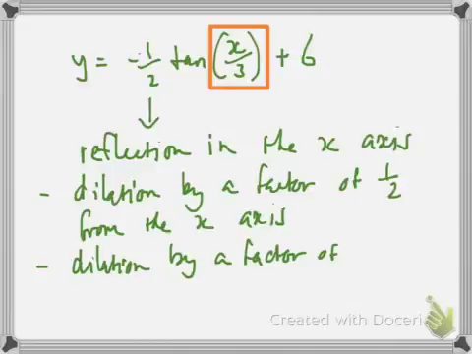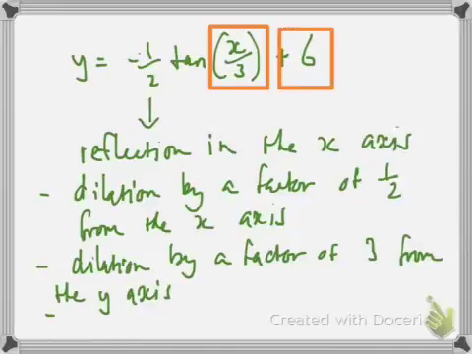So that's going to be a factor of 3 from the y-axis. And finally, we've got a plus 6 there. So the graph will move up 6 places. Okay, so there's our transformations there.